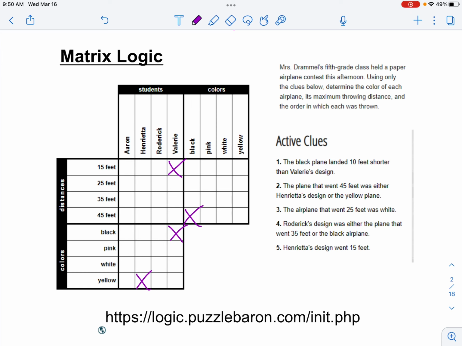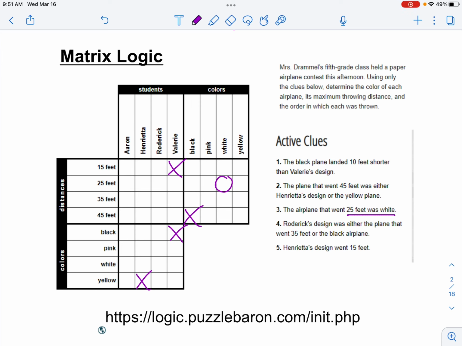The airplane that went 25 feet was white. Okay, here we have a winner. We know 25 was definitely white. They're giving us one of the answers. So the 25 and the white meet up right here, and we put a circle there, because wherever there's a success, we put a circle.